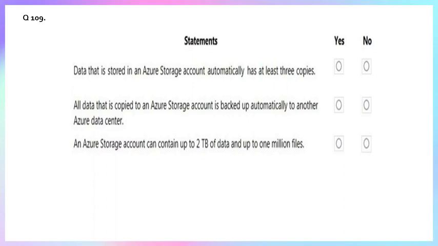No. If you want to back up to another data center, for that you have to use geo-redundant storage, GRS, or read-access geo-redundant storage, RA-GRS. By default, LRS copies are kept in the same data center, not another. So statement 2 is wrong.